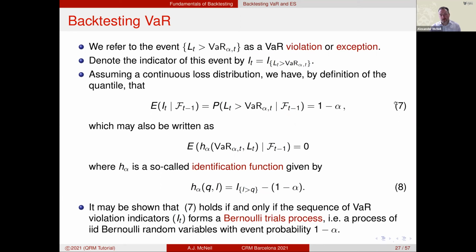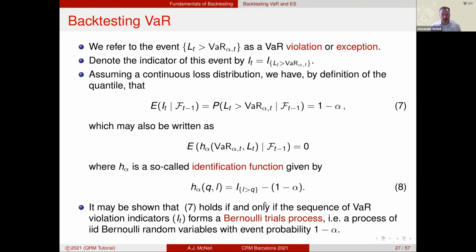And so basically all we've done is we've written formula 7 by taking 1 minus alpha to the left-hand side. We've written it in the form that an expected value of a function of VaR and the loss, given the information we have, equals 0. Okay.